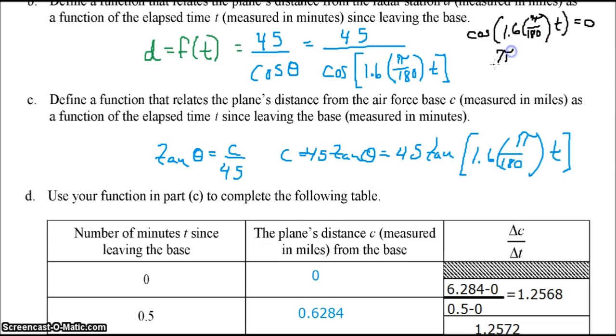So if pi over 2 equaled 1.6 pi over 180 times t, our pi's can cancel out. This means 90 equals 1.6 t. And what's 90 divided by 1.6? 56.25. There's our vertical asymptote.